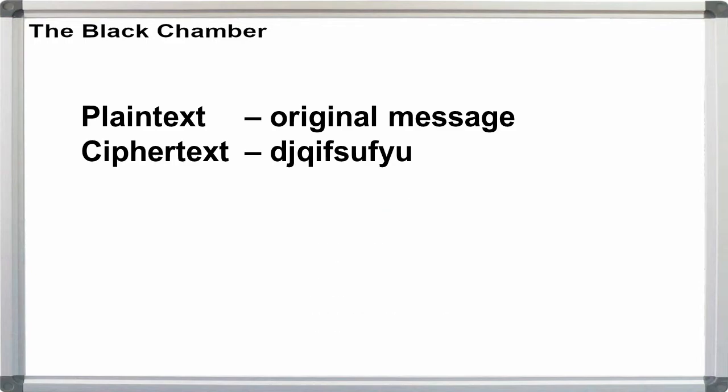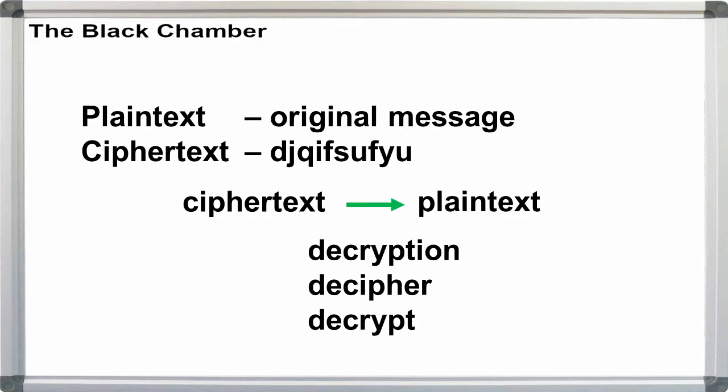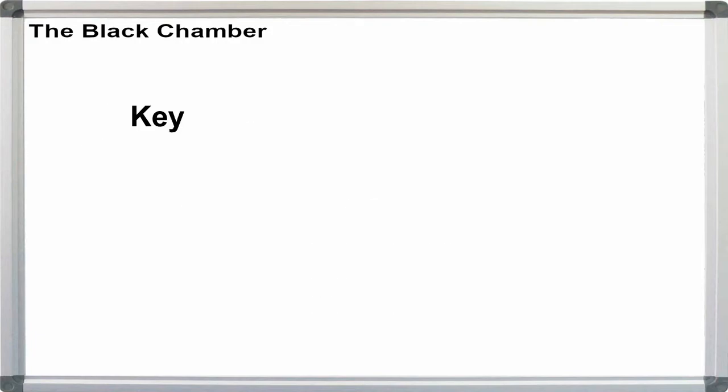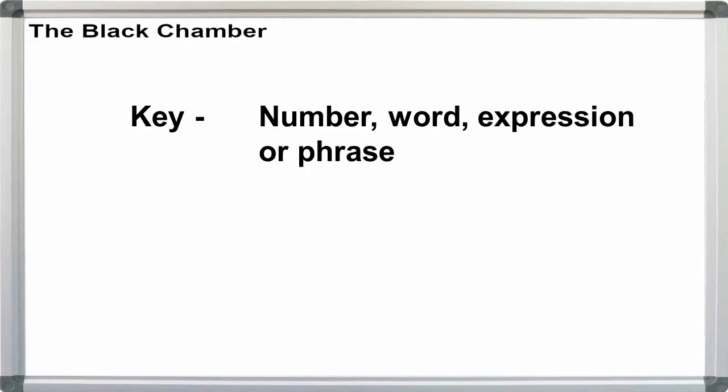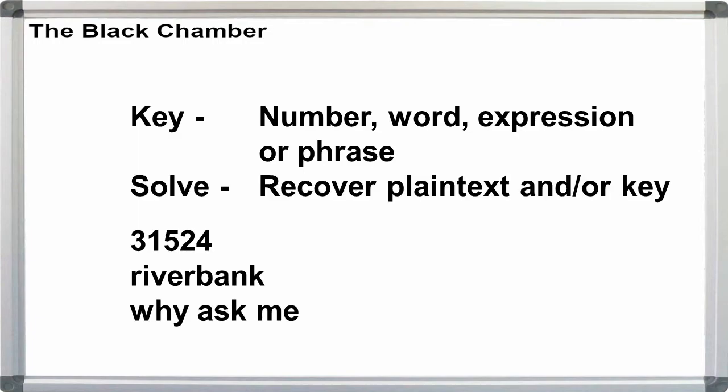Turning the cipher message back into readable plain text is called decryption, where we decipher or decrypt it. Encryption and decryption require that both the sender and recipient agree on a key. The key can be a number, a word, an expression, or phrase, or pretty much anything. I'll use solve to refer to the process of reading a cipher that we don't have the key to.